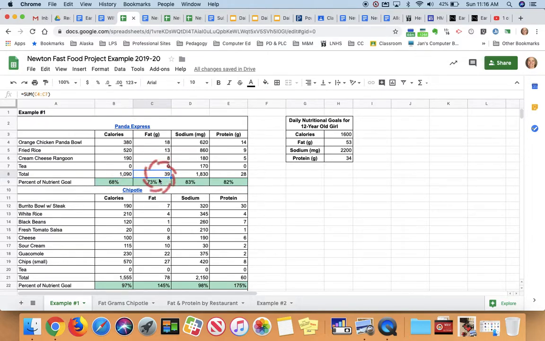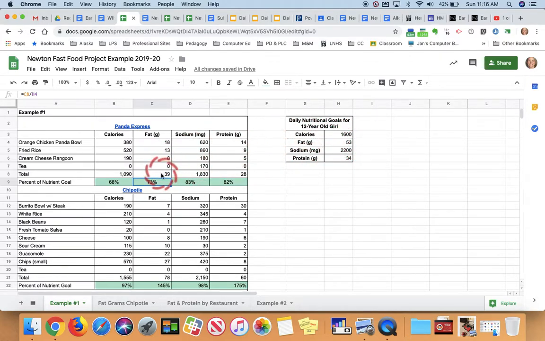When I come over here, in order to get my percent of fat that this meal has, of my goal, I'm going to take the total fat grams of this meal, which is 39, and I'm going to divide it by the total fat grams that the goal is for me as a 12-year-old girl for a day. So it would be 39 divided by 53.